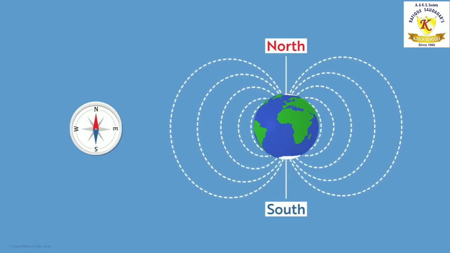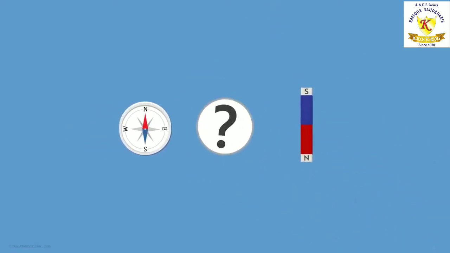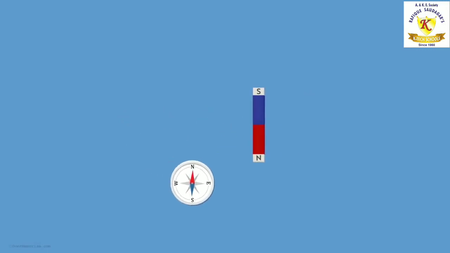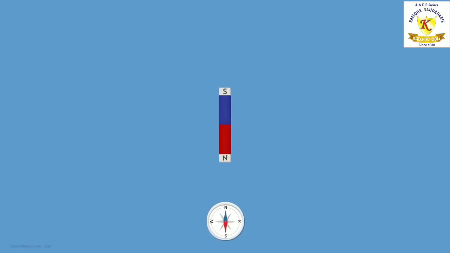What will happen if we bring any magnet near this compass? Well, if we bring the north pole of the bar magnet near the red needle, the needle will show deflection. The needle now aligns itself to the direction of the magnetic field of this bar magnet.